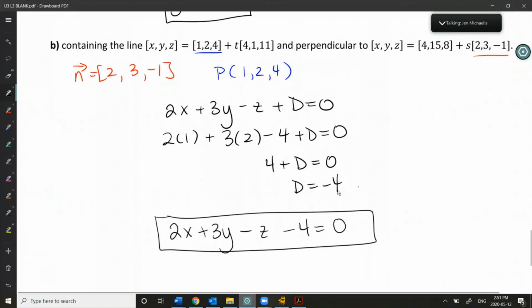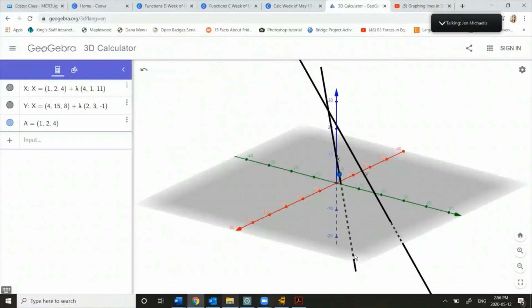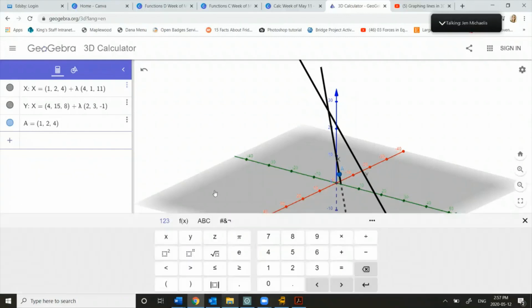Okay, and if you are a little bit confused by what I just did, I'll show you a visual on GeoGebra as well. All right, so I've graphed our two lines in space. The first line is this one, and it is inside the plane, which means that the point A, which I've marked off here, is actually inside the plane as well. Now this other line is going to be normal to the plane.